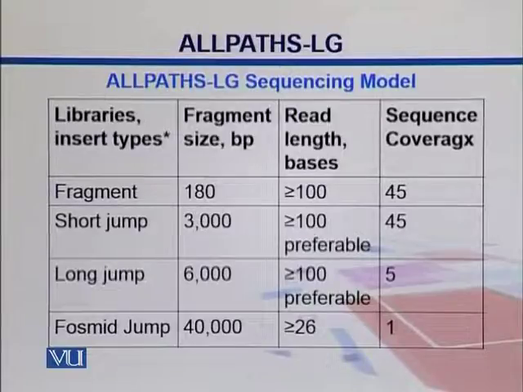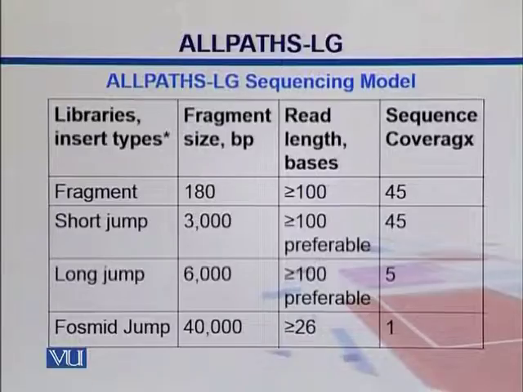If we have short jumps, where the insert size is small and the reads are obviously 100 base pairs if you are using Illumina, again we want a good coverage, so that is 45x. For long jumps, or long insert sizes, the fragment size may be up to 6000 base pairs.